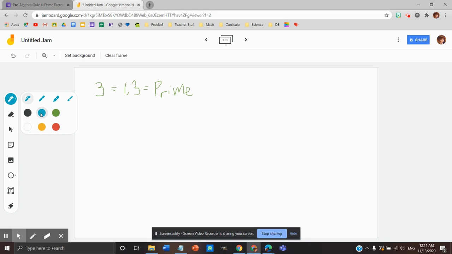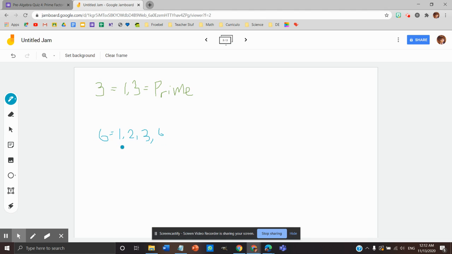Let's do it in another color. How about number 6? Well, I know that 6 can be multiplied 1 and 6, right? I can also multiply 2 times 3, and that's also going to give me 6.